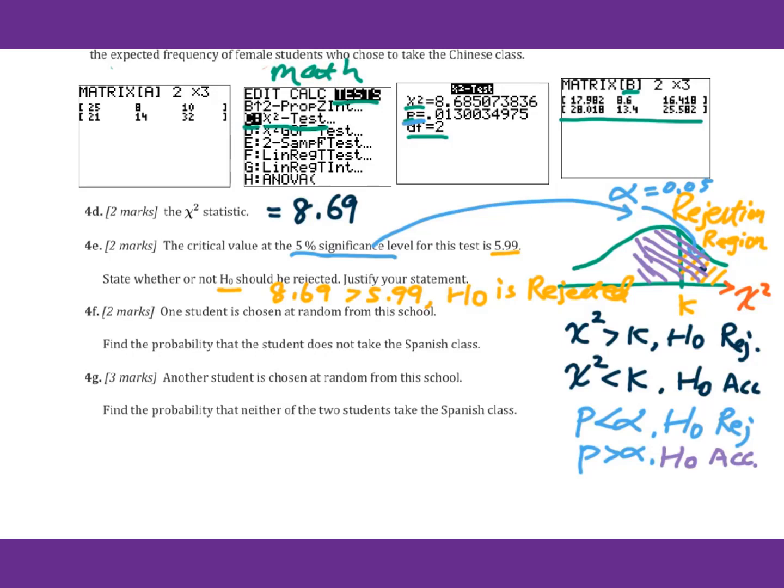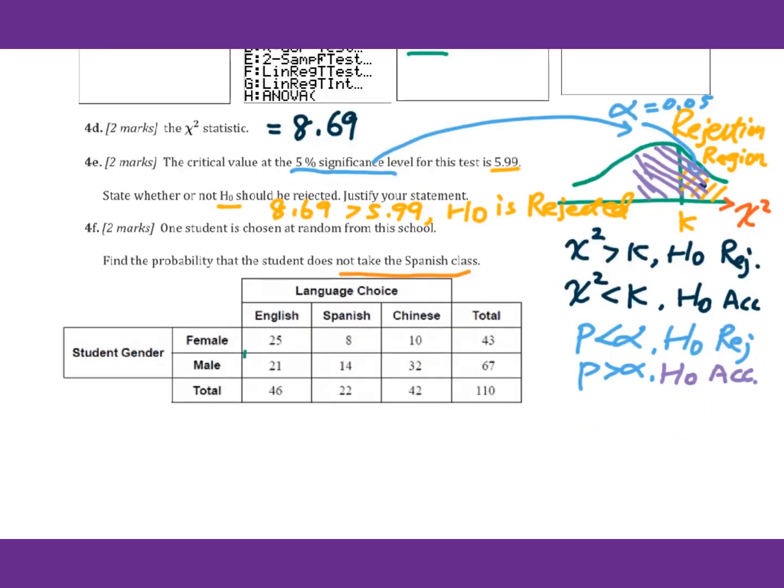For F, one student is chosen at random from this school. Find the probability that the student doesn't take the Spanish class. From the table, we could see that 22 students take Spanish, which means 110 minus 22 do not take Spanish.